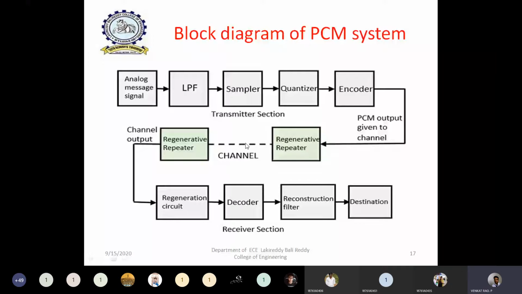Whenever there is a distortion in the PCM signal, that distortion will be eliminated. But in our laboratory experiments, we are not transmitting the PCM signal over long distances or through telephone wires. We are directly connecting the input and output. That's why the regenerative repeater is not there, but we will observe the receiver section. That means the PCM output is directly applied to the receiver section without any distortion.